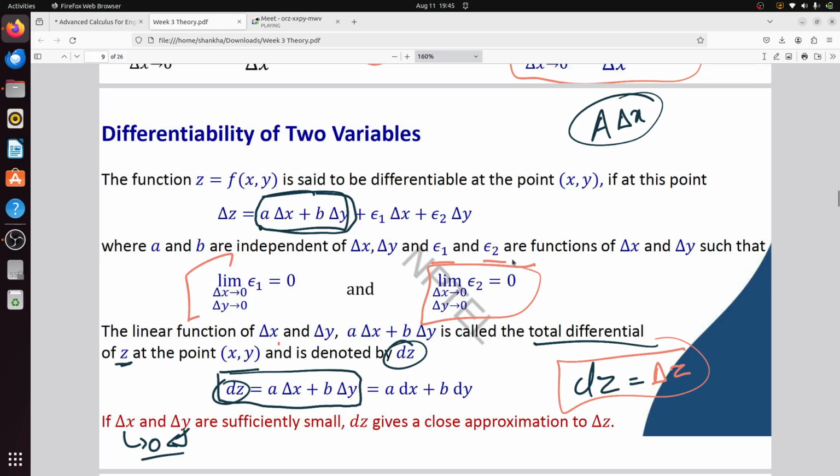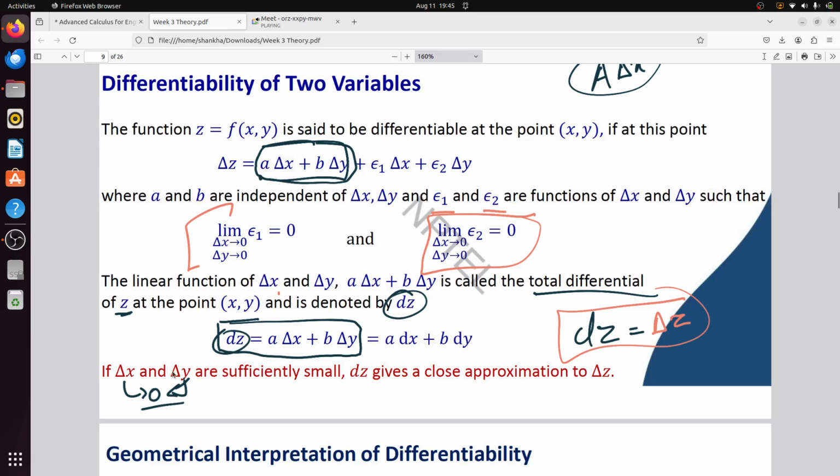These epsilon 1 and epsilon 2 are functions of delta x and delta y, and A and B are independent of delta x and delta y, such that epsilon 1 and epsilon 2 tend to 0 as delta x tends to 0 and delta y tends to 0. And this A delta x plus B delta y is called the total differential of z at the point (x, y). Now if delta x and delta y are sufficiently small, dz gives a close approximation of delta z.